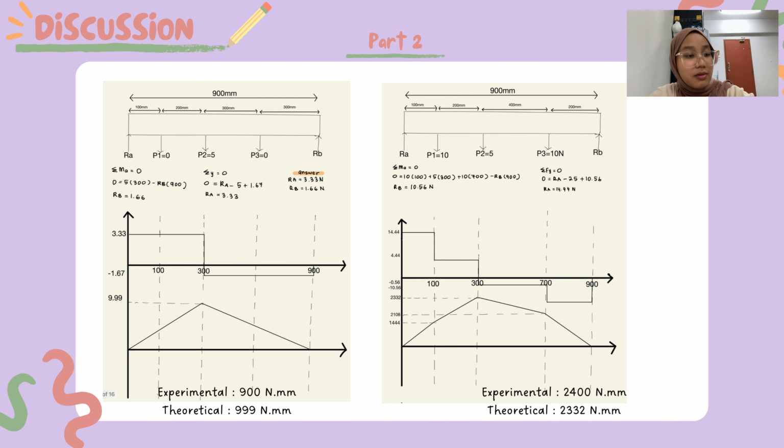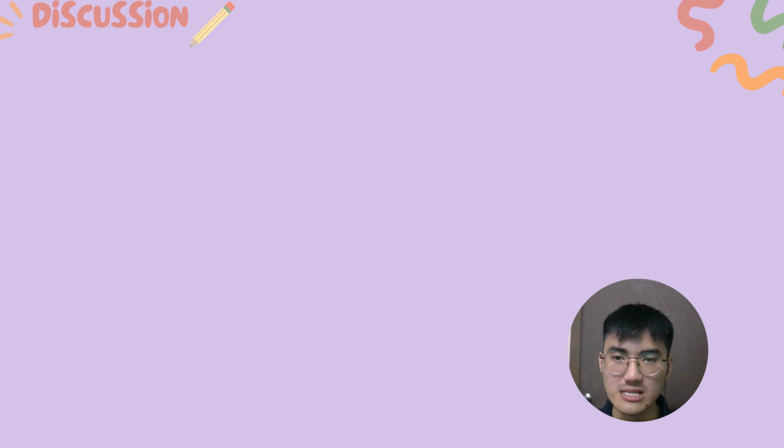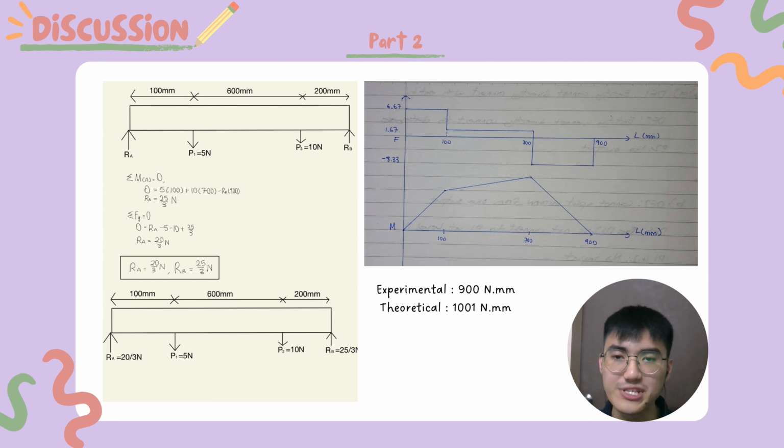So from the experiment, the experimental moment is 2,400 Newton millimeter and the theoretical is 2,332 Newton millimeter. That's all.